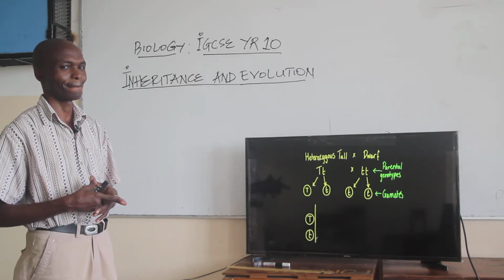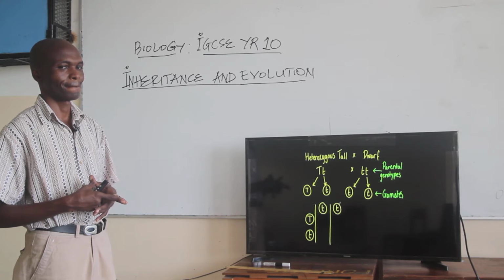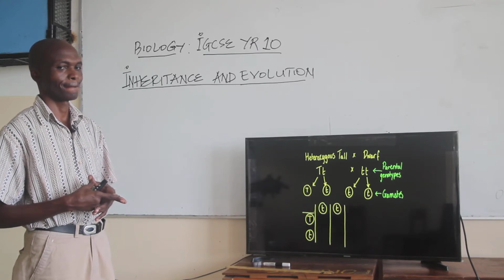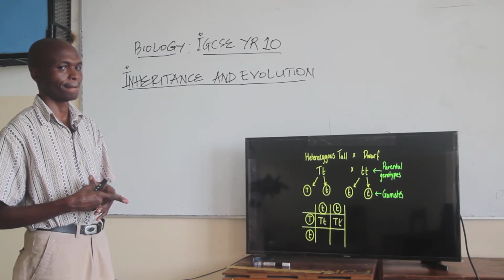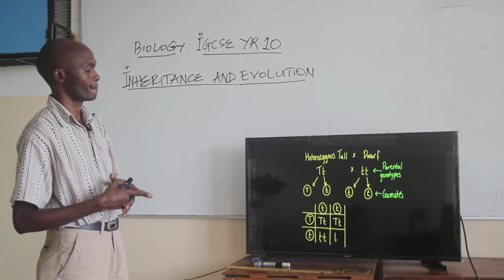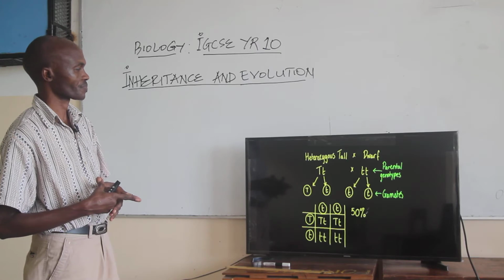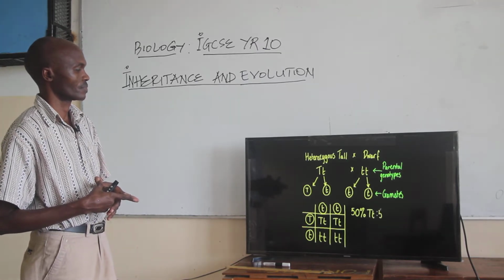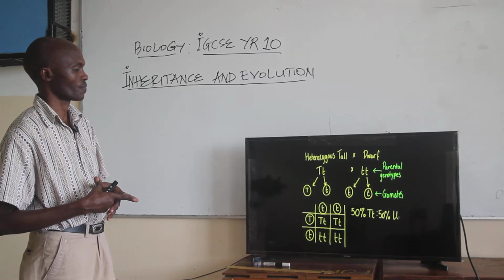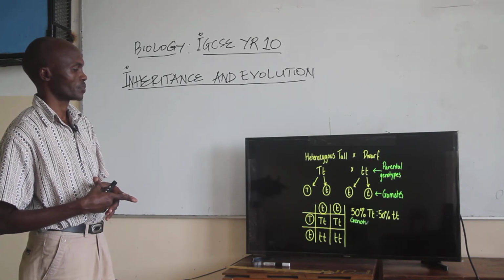From the gametes you can produce a Punnett grid, or sometimes known as a Punnett square, to show the probability of certain outcomes in terms of the genotypes of the offspring. So by adding together the alleles from the gametes of the parents, you can start to see the outcomes. First of all, the genotypic ratio would be 50% uppercase T, lowercase t, and 50% lowercase t, lowercase t.